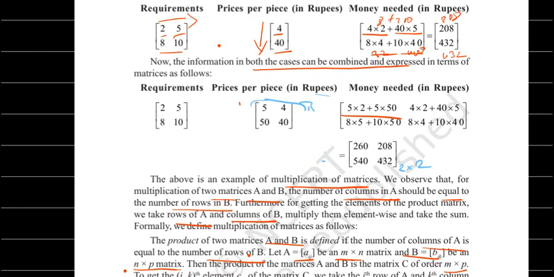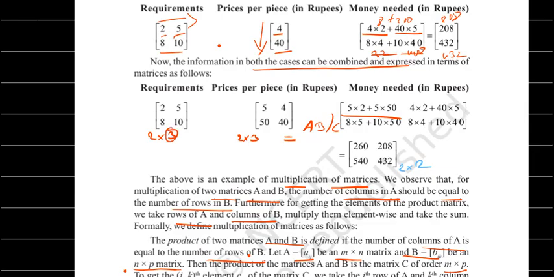If the order of matrix A is 2 into 3 and the order of matrix B is 2 into 3, can we get the AB matrix, or a C matrix? Let us see. The number of columns in A is 3, but the number of rows in B is 2.